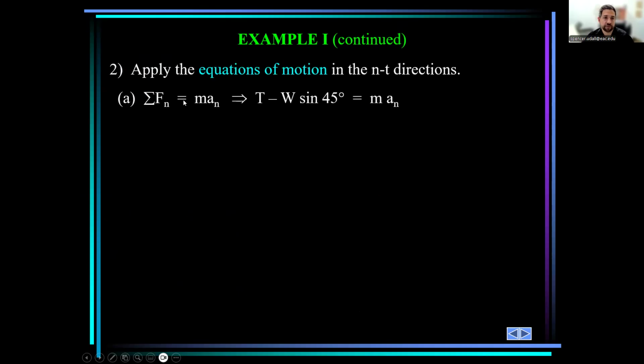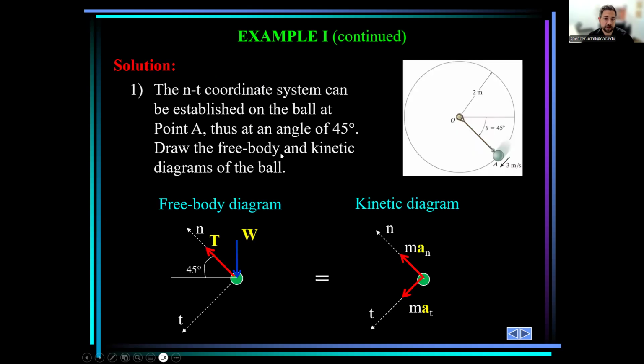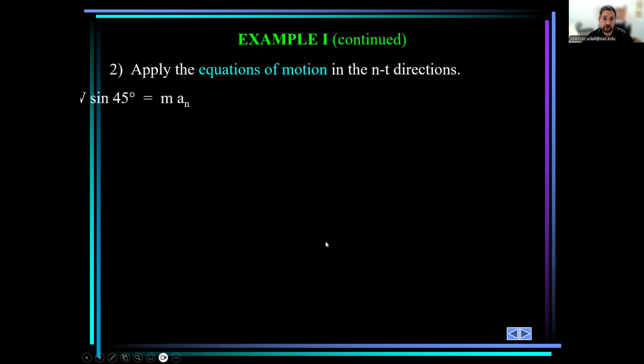So the sum of the forces in the N equals m a_n. Looking back at our picture, we've got T going in the positive direction, and W cosine 45 going in the negative N direction, pointing down this way. That's where that's coming from, or sine 45, depending on how you drew it, equal to the mass times acceleration in the N direction.